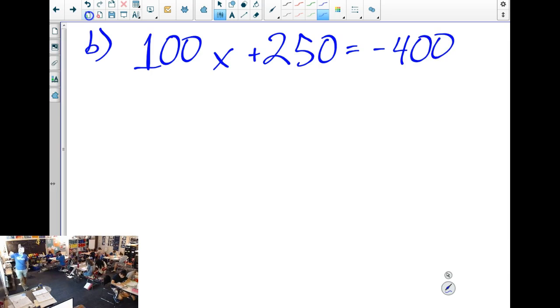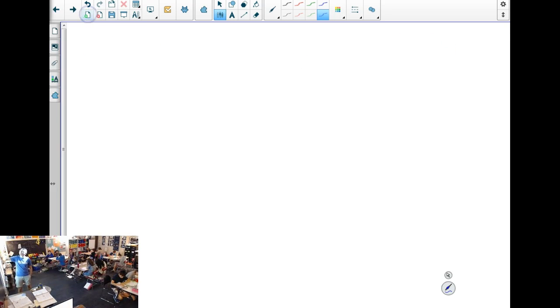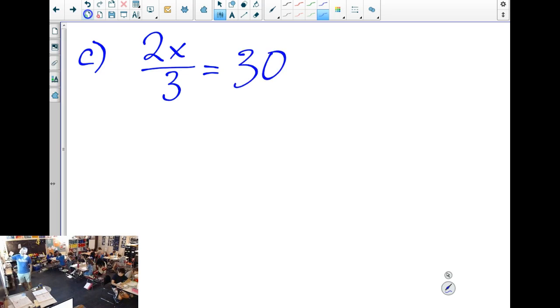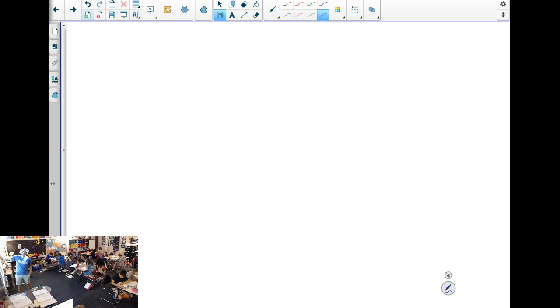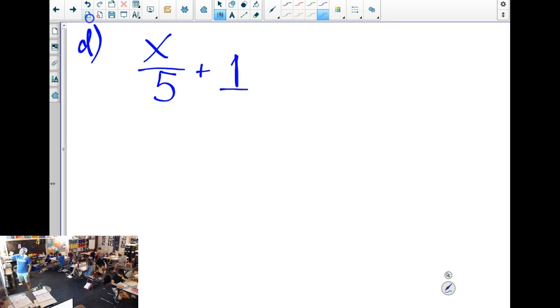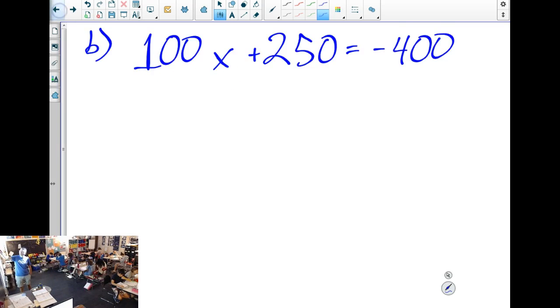Some of these might not need any weird multiplication work first. And then, oh crap, fractions. I don't need to. First. Be careful with your signs.